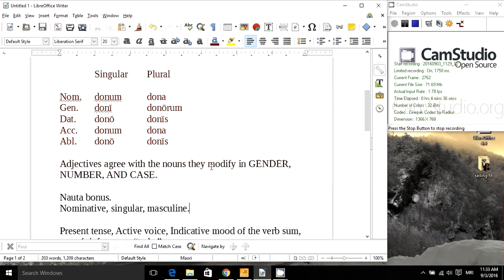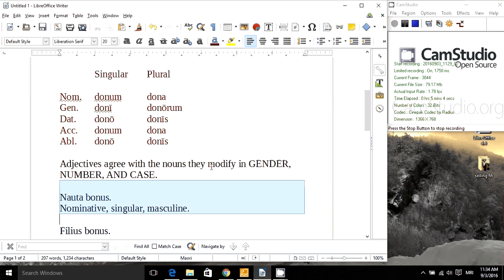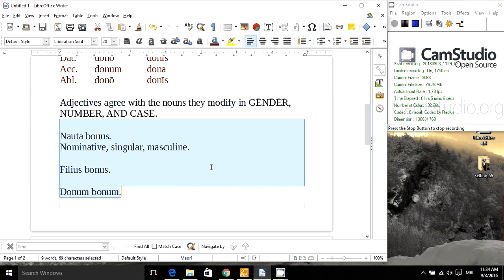What we would expect is something more like a good gift: donum bonum. There the endings match up, which is normal, what we should expect. Or the word for a good son, filius bonus. We'd expect it to match up. But it happens that they don't match up. You have to remember that nauta is masculine, so it gets masculine endings.